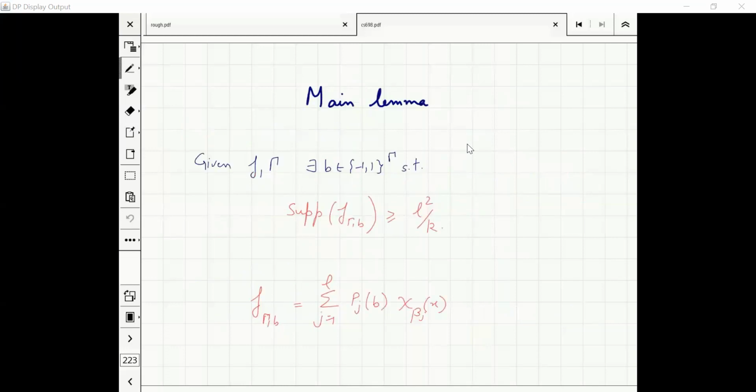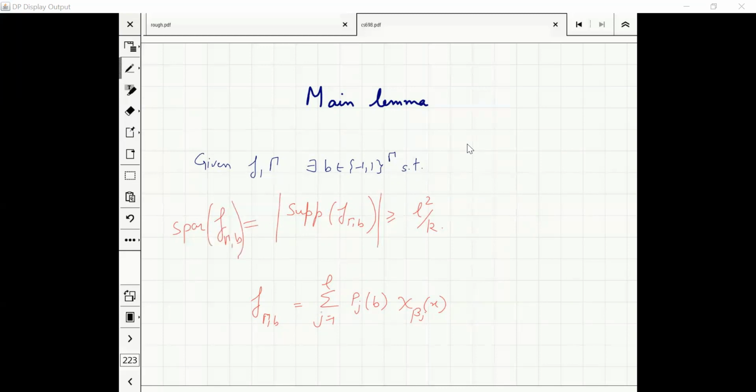Then I will tell you the main lemma. Remember what I wanted to show. If I fix a gamma, I have a lot of restrictions. I have 2 to the power gamma restrictions. At least one of those restrictions should have high sparsity. So this is the main lemma.